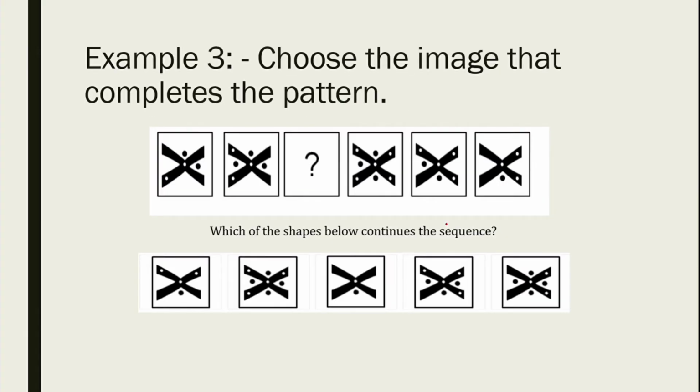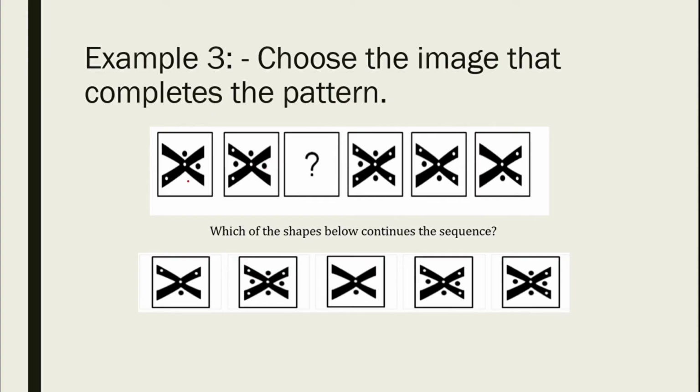In number 3, choose the image that completes the pattern. In this case, this is all about imagination. First, if we imagine this part, it talks about dots, white and black.